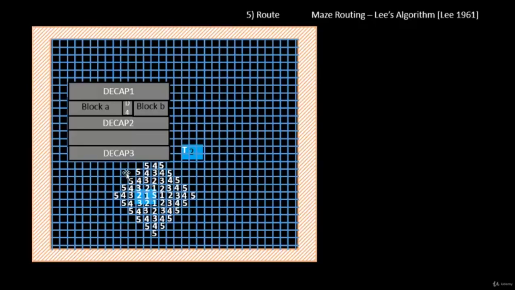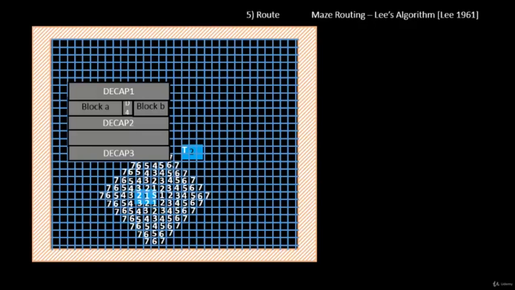Okay, next let's continue doing it for 5 also. We have to take the adjacent boxes for grid box 5 and label them as 6. All the 5s present over here now have their adjacent grid boxes labeled as 6. Similarly, now we'll take the 6 and label its adjacent grid boxes as 7. Let's do that.